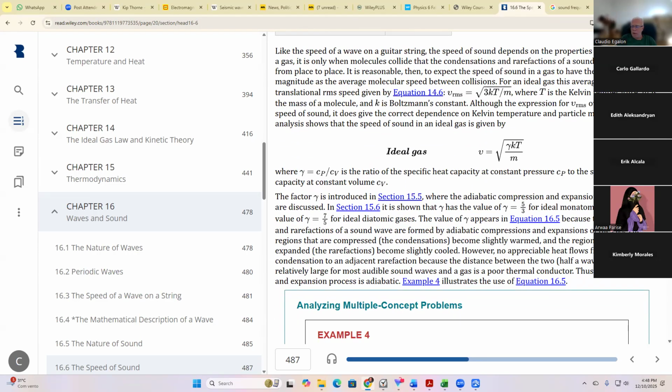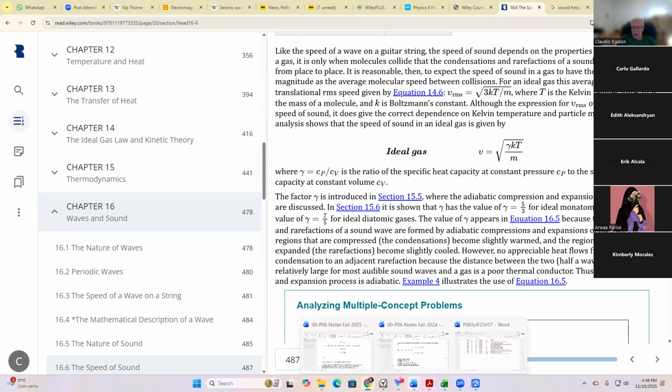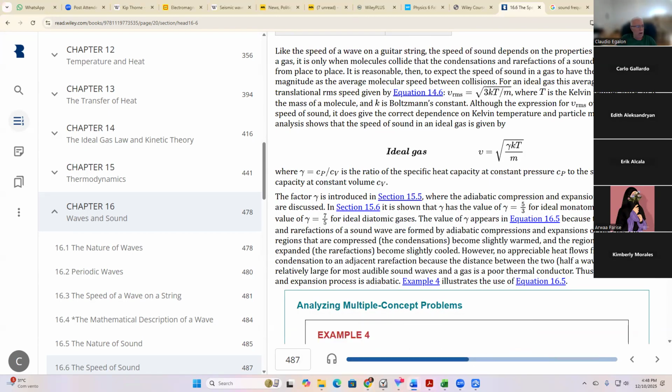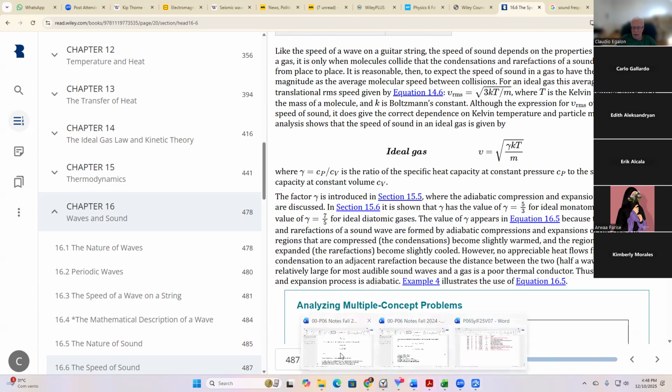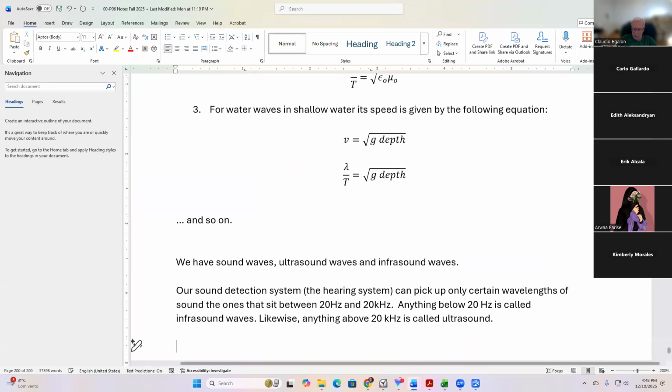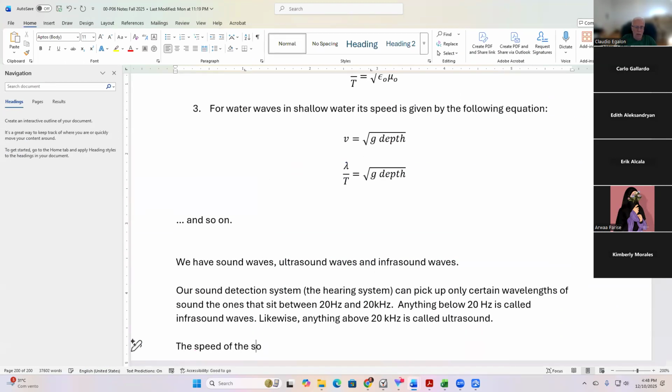You don't need to memorize the equation, but you have to know that the speed of sound is around 300 meters per second. It's very fast. Sound travels very fast. The speed of sound is around 300 meters per second.